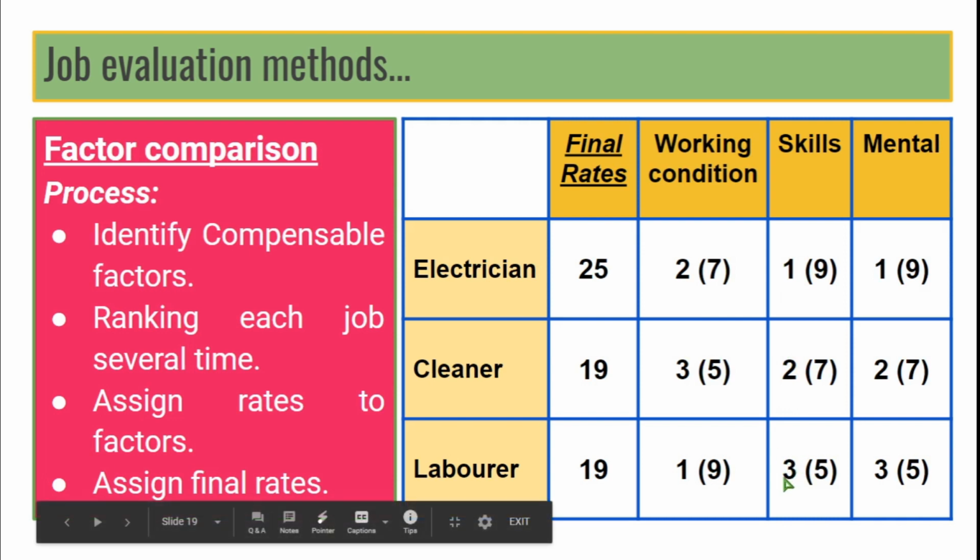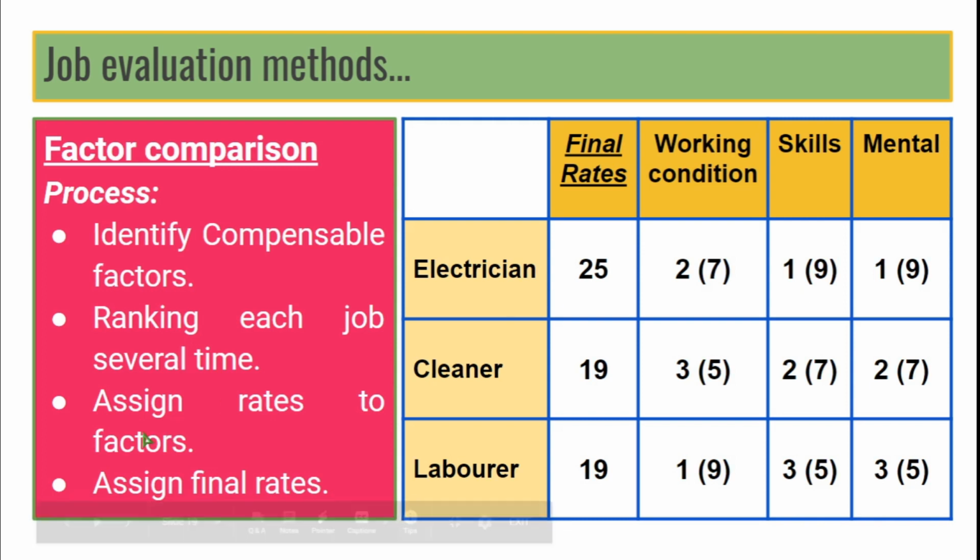Here 1 refers to highest and 3 refers to lowest. See, the laborer is ranked 1 here in working condition because he faces the worst working conditions. Alright. Similarly, for the skills and mental ability, different ranks are assigned for different jobs. Okay. Once the ranking is done, now it's time to assign the rates for each compensable factor.